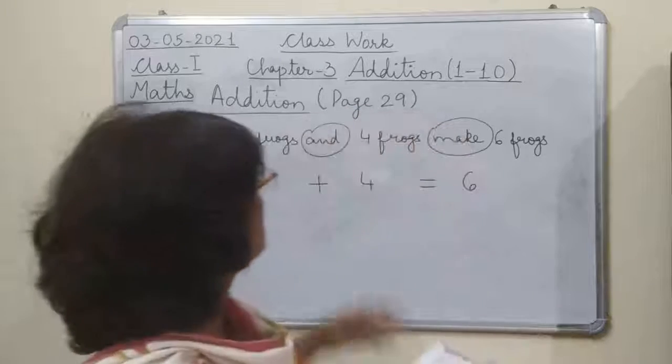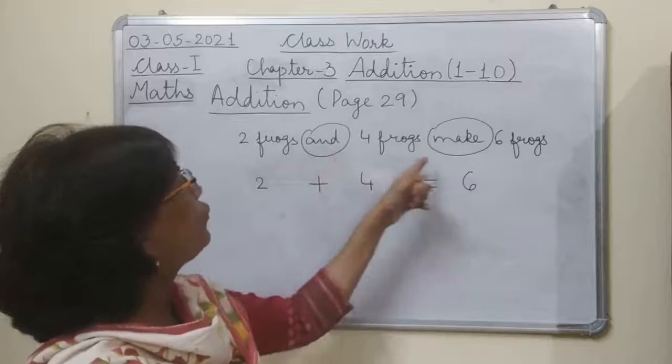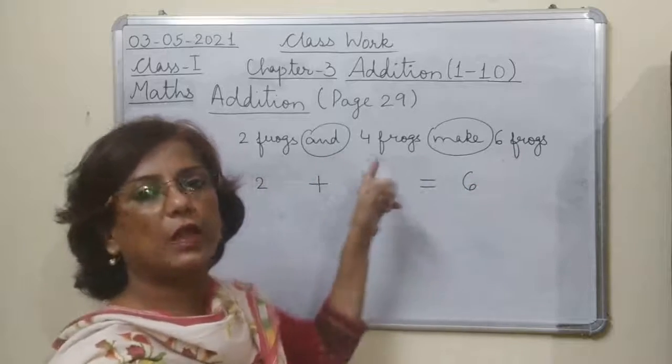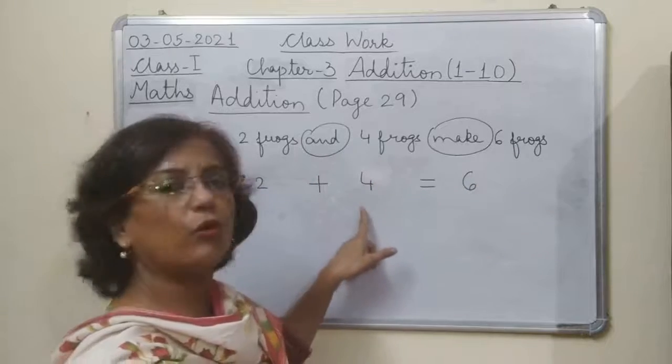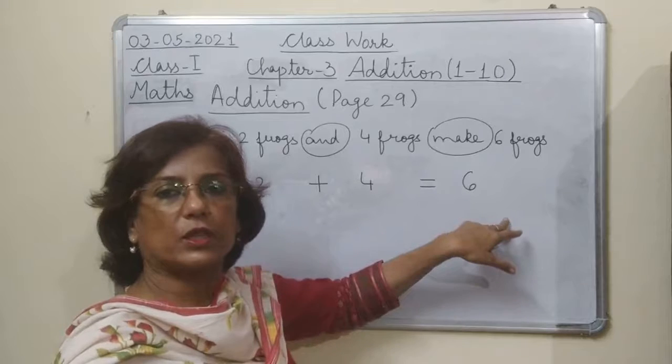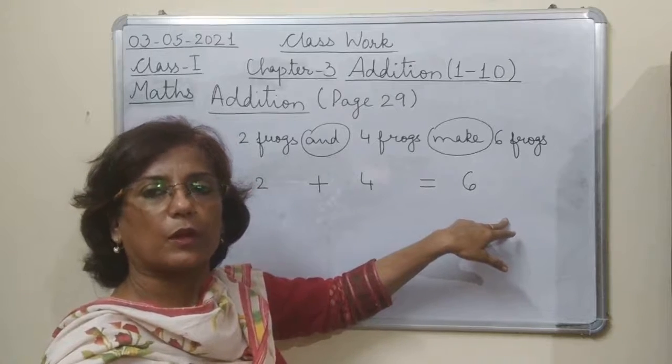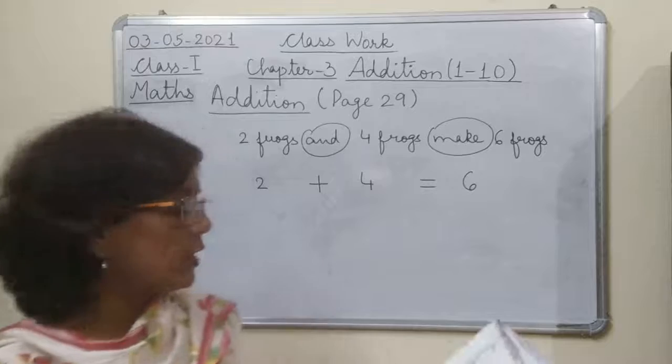So I hope this is clear. 2 frogs and 4 frogs make 6 frogs. That means 2 plus 4 is equal to 6. Now let us do the exercise.